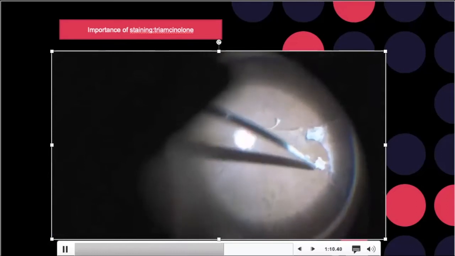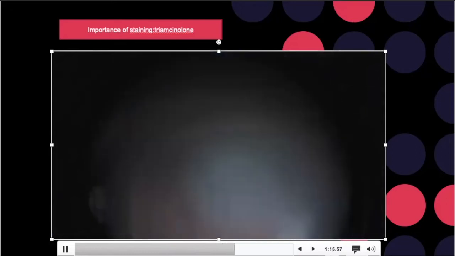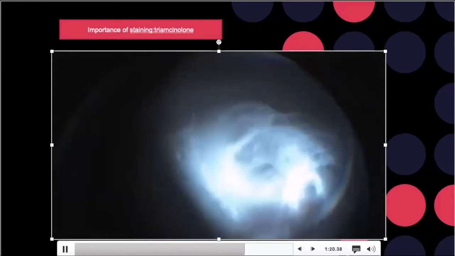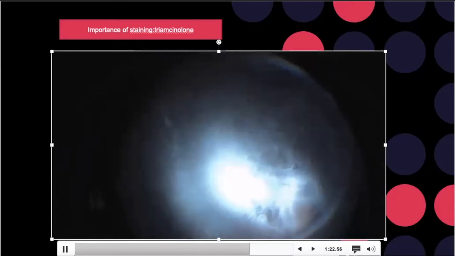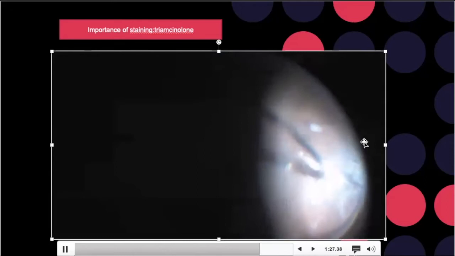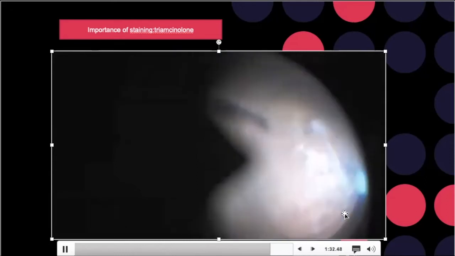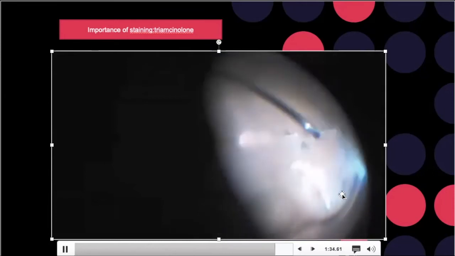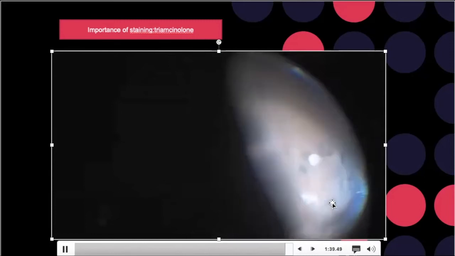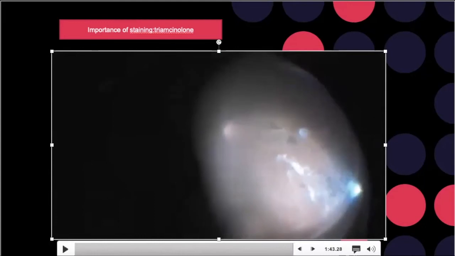So what happened is this is when we injected the dye, and then again it helps to highlight the remaining or residual posterior vitreous, which is still attached anteriorly to the fibrous tissue. So we managed to clean up that bit completely, and patient ended up well post surgery.